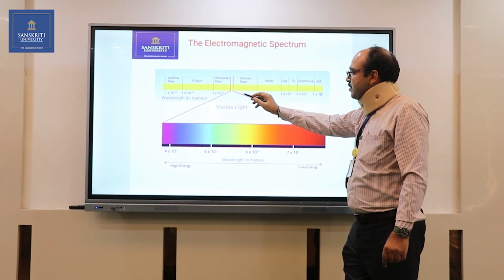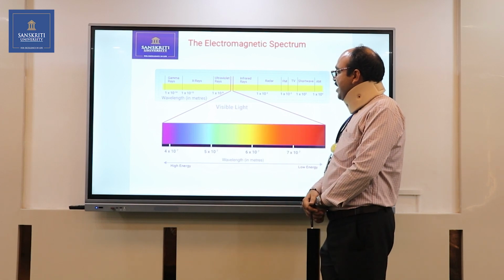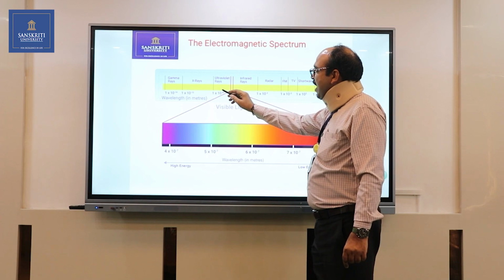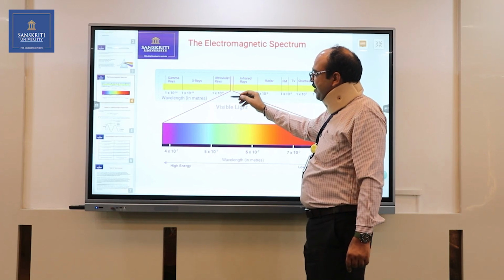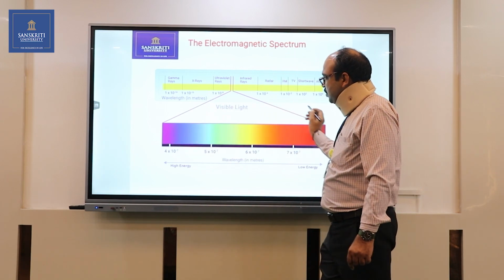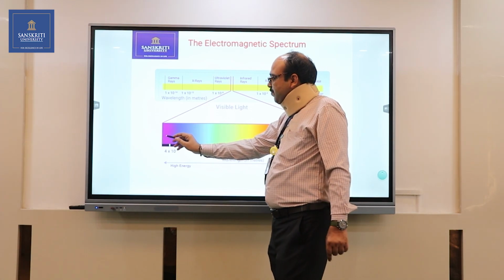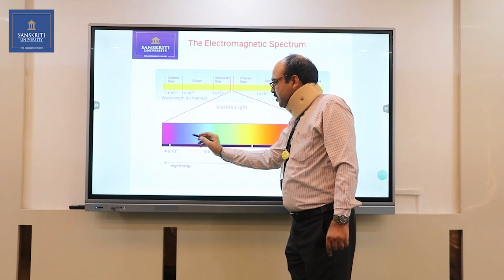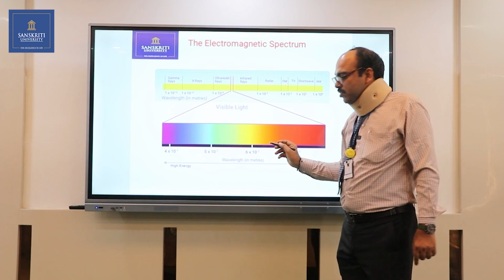After that there are the ultraviolet rays, with a range of 1 into 10 to the power minus 8 to 1 into 10 to the power minus 4. Before the infrared radiations there is the visible range. This is the range where we can see things, and it makes VIBGYOR, that is violet, indigo, blue, green, yellow, orange and red.